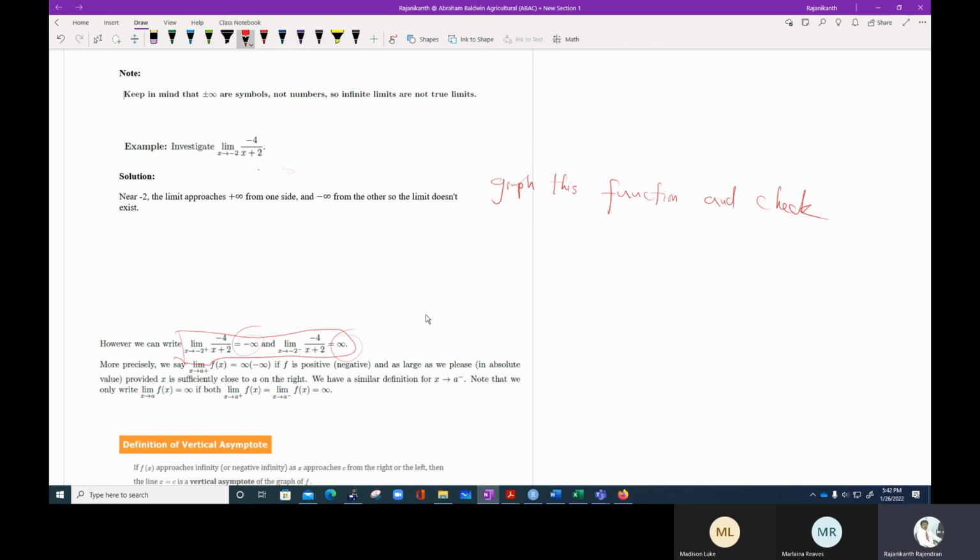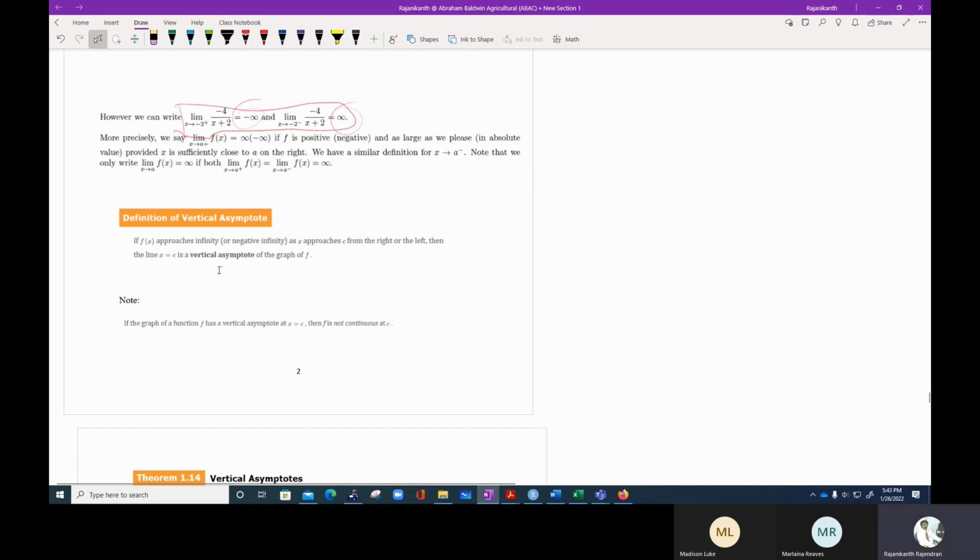If a limit exists, you have to have the same answer, remember we covered that last time. For this reason there's no limit at -2. So understand that point.